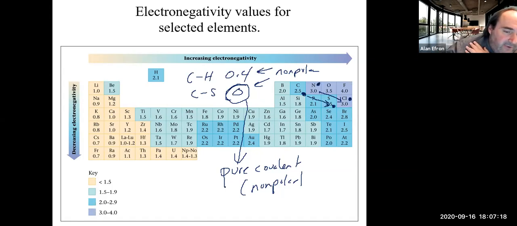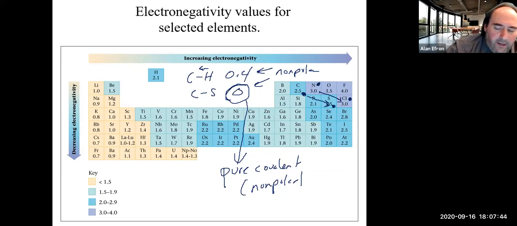In the case of carbon and hydrogen, it is considered nonpolar and equal sharing of electrons. In reality, though, there's a slight unequalness that's happening, right? They're slightly going towards carbon, but not to an extent that people consider it unequal sharing of electrons. So it's not perfect equal sharing when we've got something like a 0.4 difference, but it's enough that it's still considered overall to be equally shared.